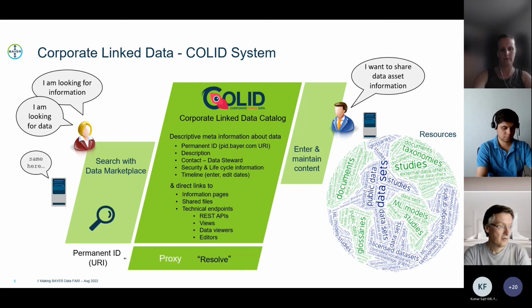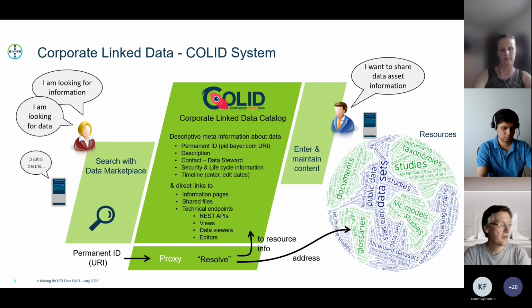Finally, since we talk about semantic technologies, there are a lot of taxonomies and ontologies, and that was one of the first requirements. As I said, we need to be able to resolve identifiers to the actual information. That's one of the main requirements of the linked data principles. And so that's what we do.